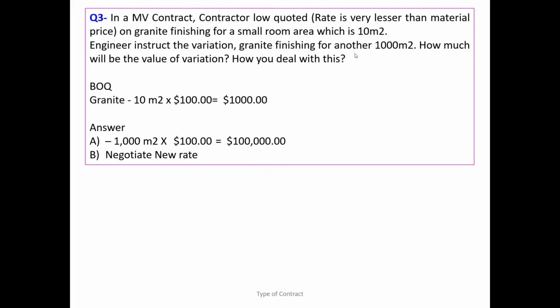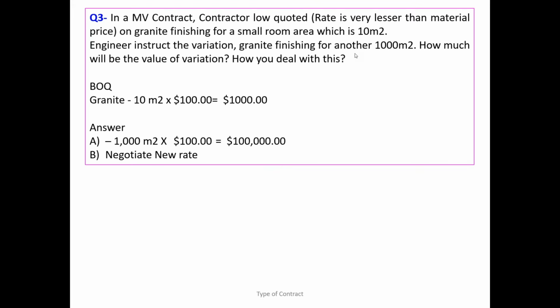So what happened actually, FIDIC, even though they have a remeasurable contract, where the quantities are not defined, put a limitation on how much variance can happen for each and every item, and they had ambiguities between the conditions themselves.